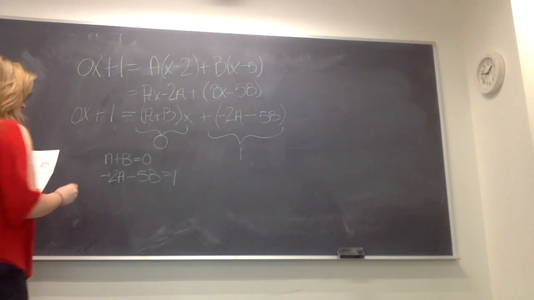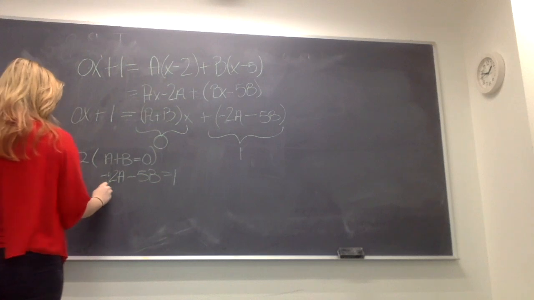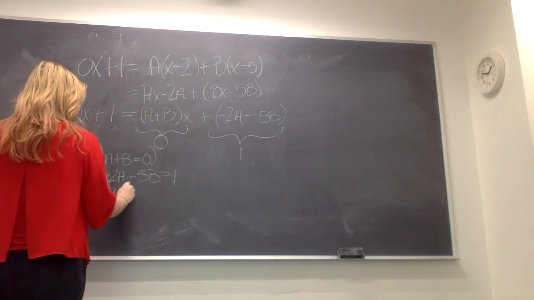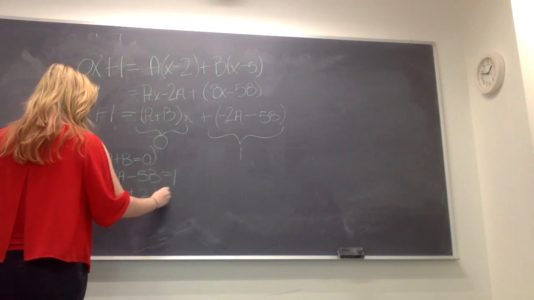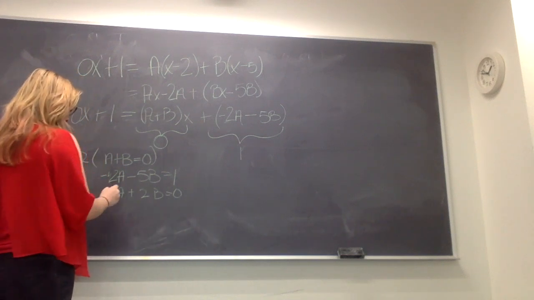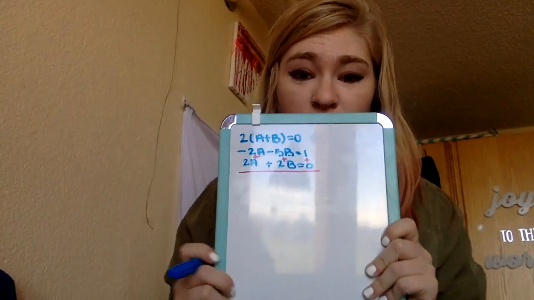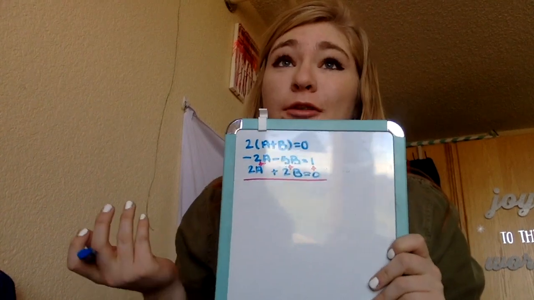So then what you can do is multiply this top one by 2. So then you would have 2a plus 2b still equals 0, because 2 times 0 is 0. Then you want to add all the terms together. I'm just going to solve this for you, even though I can pretty much assume that everybody knows how to do systems of equations at this point.